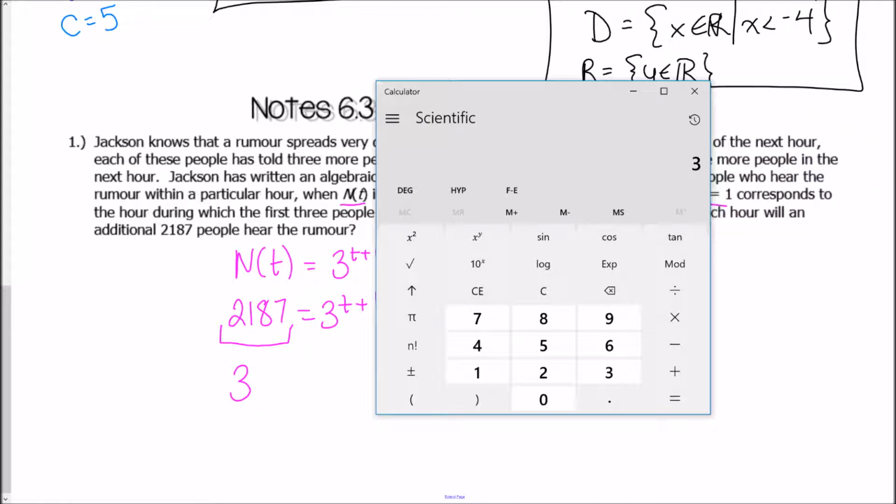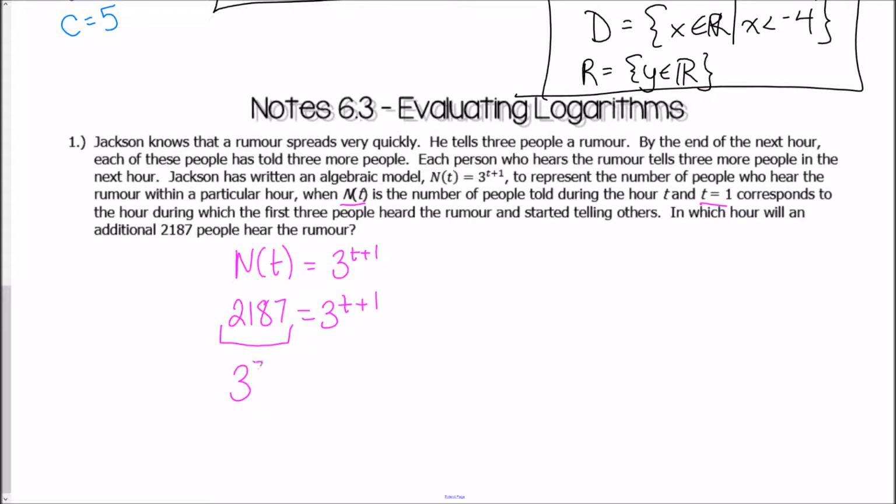So if I do 3 to the power of 4, I know that's 81. So let's try 3 to the power of 6. We know that's 729. Multiply that by 3, we get 2,187. So that means 3 to the power of 7 is 2,187. So we're going to say 3 to the power of 7 is equal to 3 to the power of t plus 1.